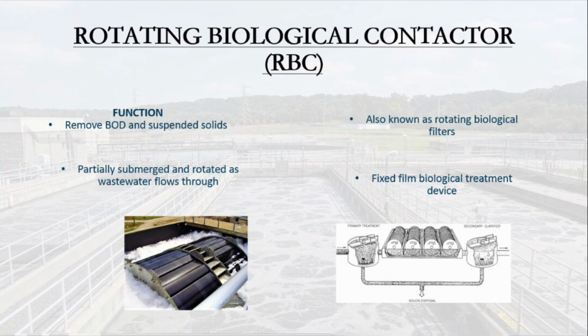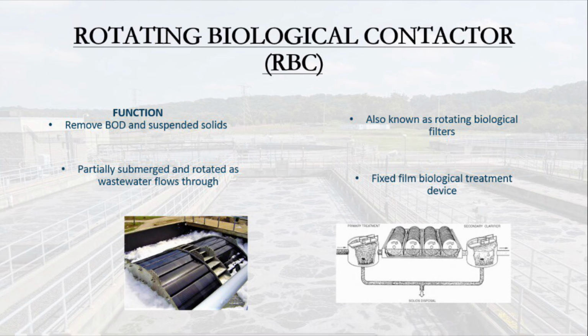Rotating biological contactor is also known as rotating biological filters. This process uses a fixed film moving medium as digester. Rotating biological contactors are fixed bed reactors consisting of a stack of rotating discs mounted on a horizontal shaft.